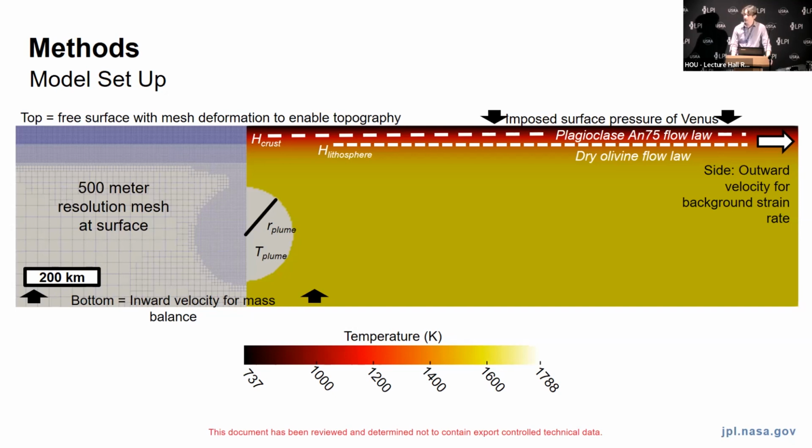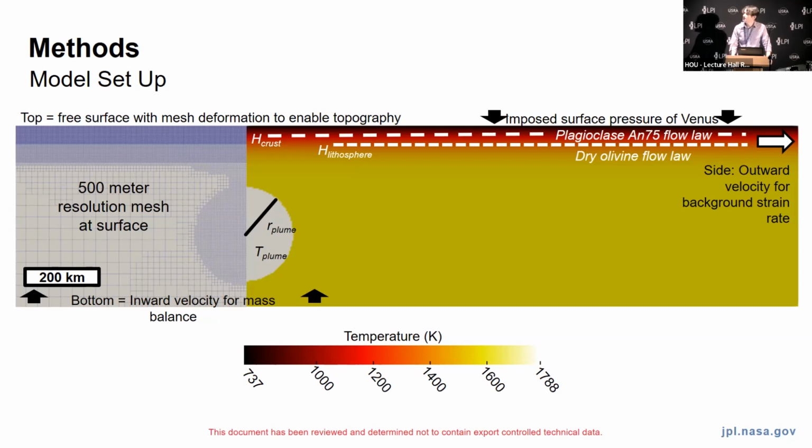And then on the inside, we have what I call a plume, not technically correct. It's more or less a diapir, but it's a geodynamic interpretation anyway. So it has some temperature, some radius, and then that will be let go and allowed to rise up into some thermal lithosphere of some thickness and some crust of some thickness that has a separate density and flow law relative to the rest.